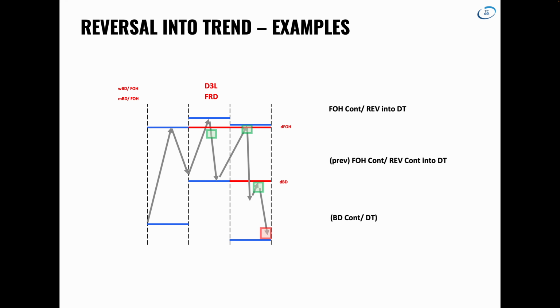So as we discussed, there's 3 different situations or setups we are looking for. The fake out high, continuation, reversal into trend one, that's this one here, potentially with a first green day fail or a first red day for the next day. The previous fake out high, continuation, reversal, continuation into downtrend, that's this one here. This would be then after the first red day. The previous fake out high, continuation, and then we have the breakdown continuation into the downtrend.